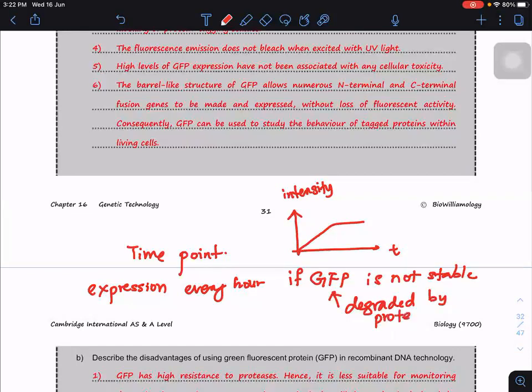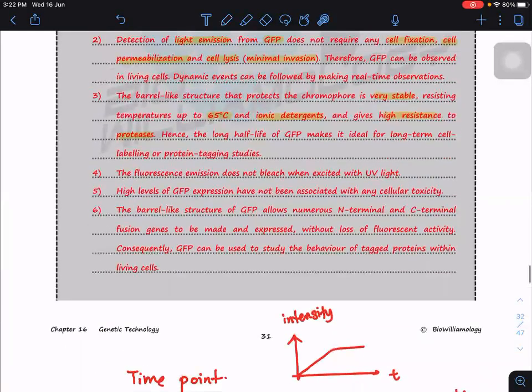Protease means the enzyme that cleaves the protein. Then what will happen? You won't be able to use it to study the time point. Can I say that? You won't be able to, because once it is expressed, it is degraded by the protease, continues to express, degraded. So forever you won't get a representative graph here. Are you clear? Okay, so that is the idea of number 3.